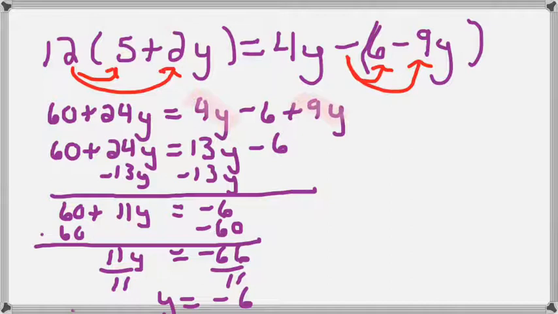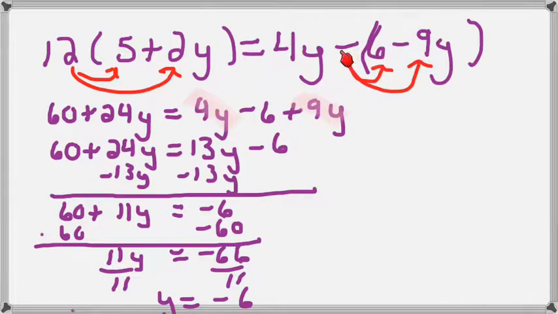Last problem. Here I did decide to distribute first, so 12 times 5 is 60, and 12 times 2y is 24y, equals, I dropped this down, negative 1 times 6 is negative 6, and negative 1 times negative 9y is positive 9y.